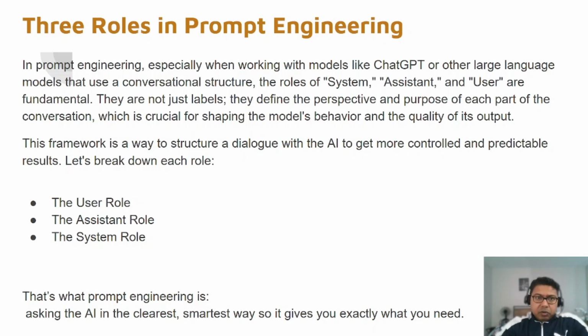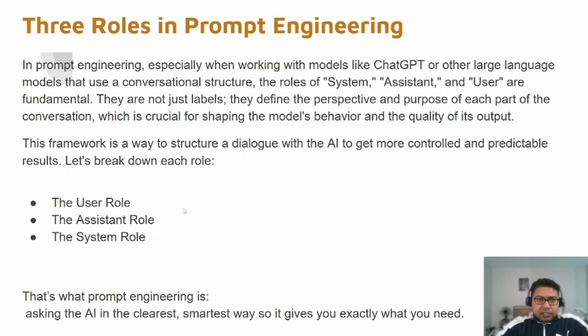What are these three roles? The roles are user role, assistant role, and system role. User role is nothing but us. We are the user, who is typing or giving the input. Assistant is ChatGPT itself, and then the system is this LLM.